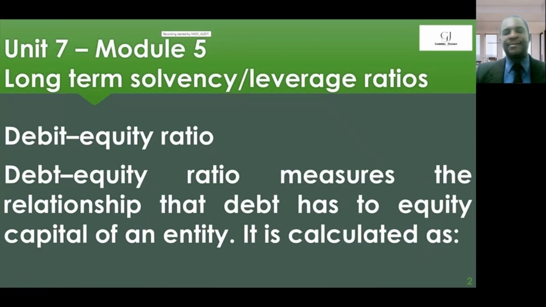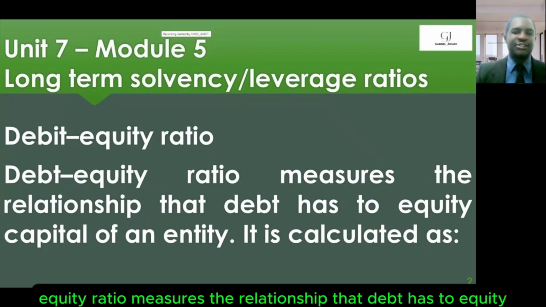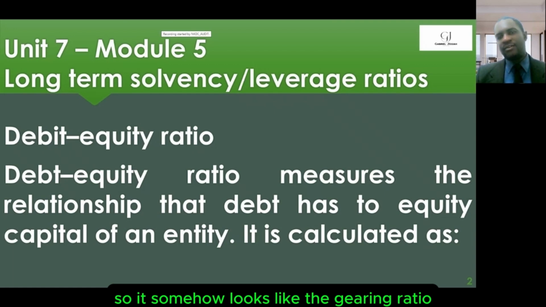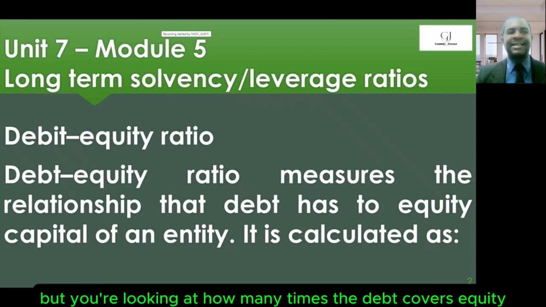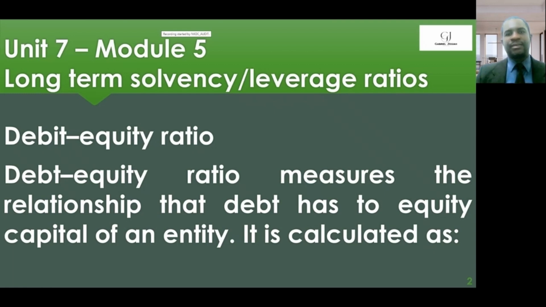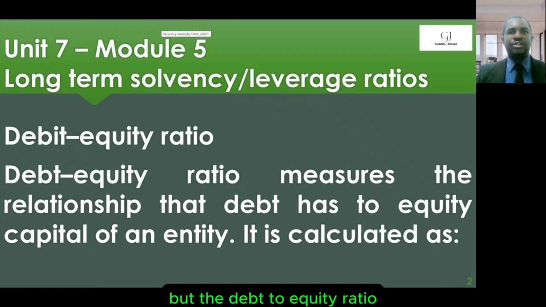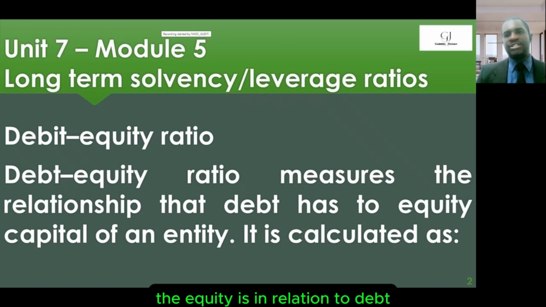Okay, debt to equity ratio measures the relationship that debt has to equity, capital of an entity. So it somehow looks like the gearing ratio, but you're looking at how many times the debt covers equity. The gearing ratio looked at the percentage of debt to equity, but the debt to equity ratio is looking at how many times the equity is in relation to debt.